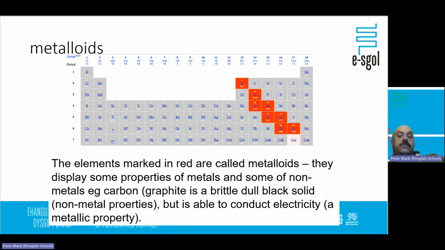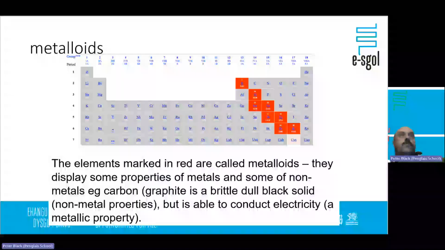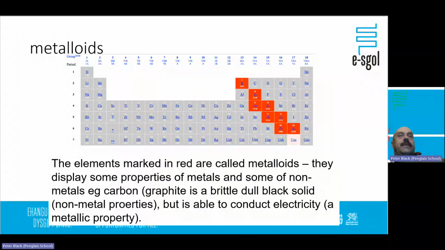And what I always say to students when asking questions about this is, if you're identifying a material as a metalloid from information about it, say what properties of it are metallic, and then say, but it's not metallic because it has this non-metallic property. Be very clear in stating what the metallic properties are that help you classify it as a metal, and then what property makes you struggle to classify it as a metal.